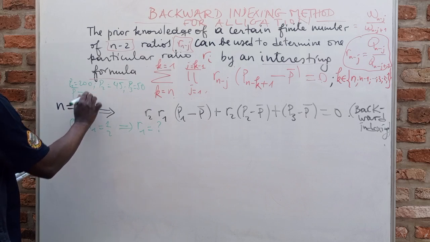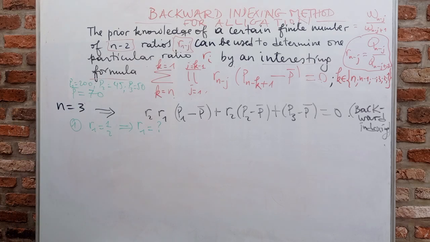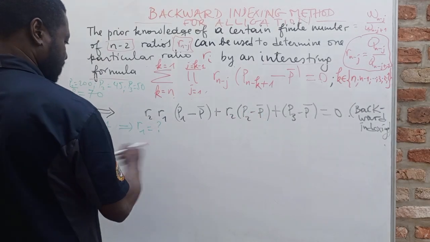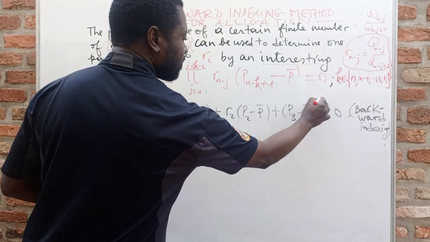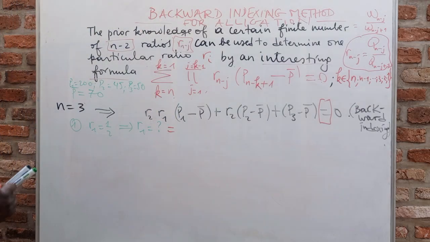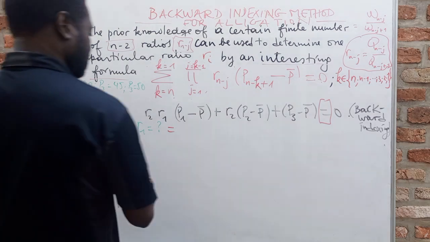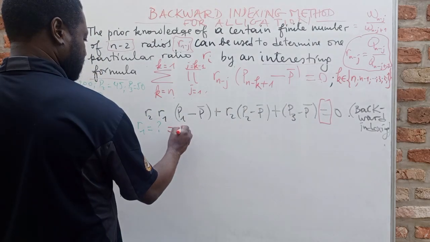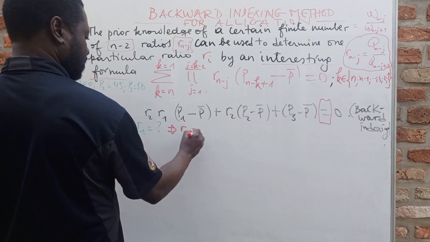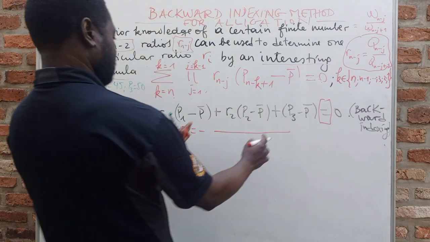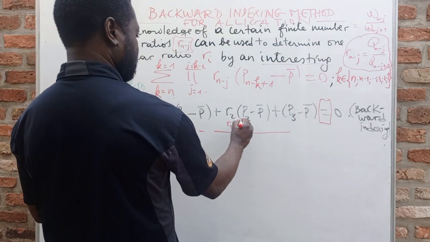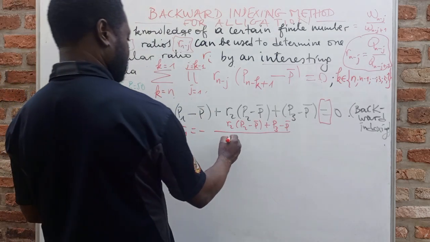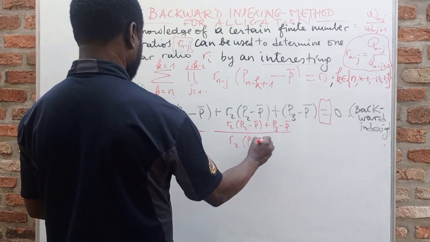From this identity, how will I find R1? I see in the first term I have R1, nowhere else, so I can express R1 as the opposite of all of these terms.